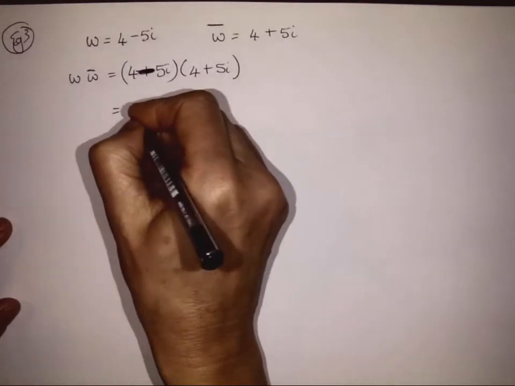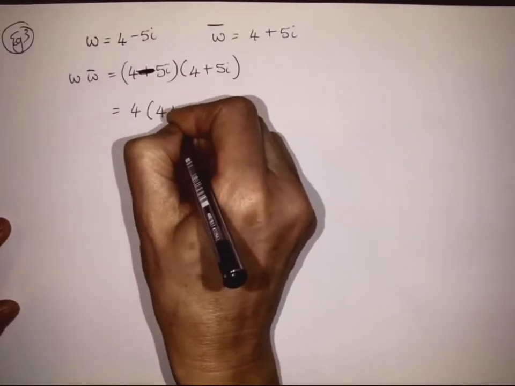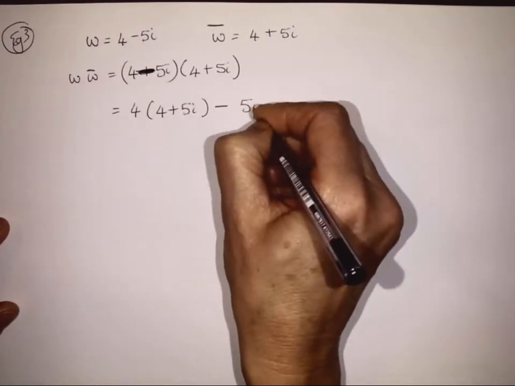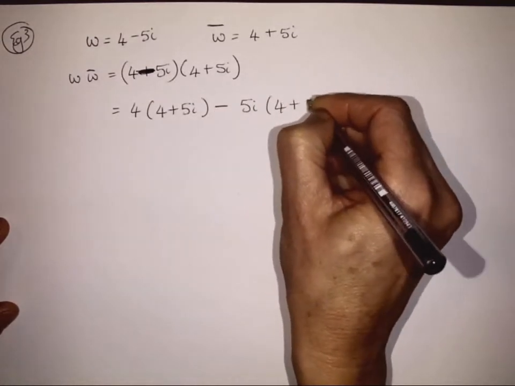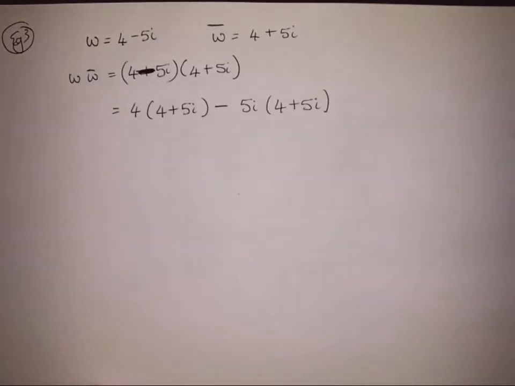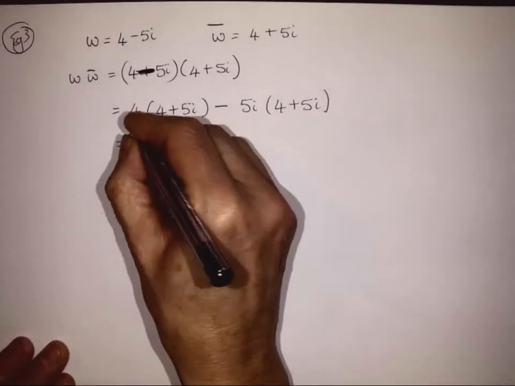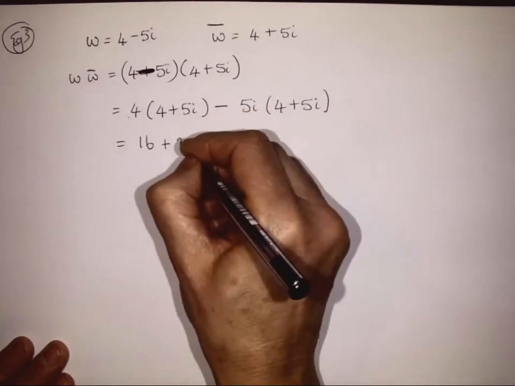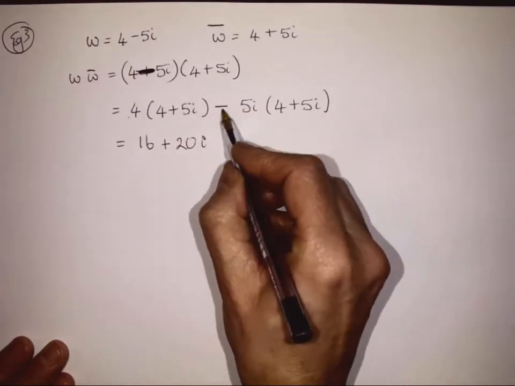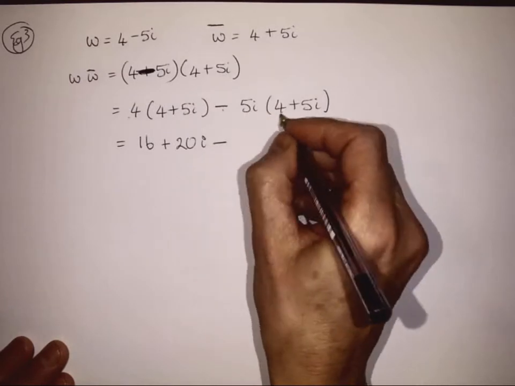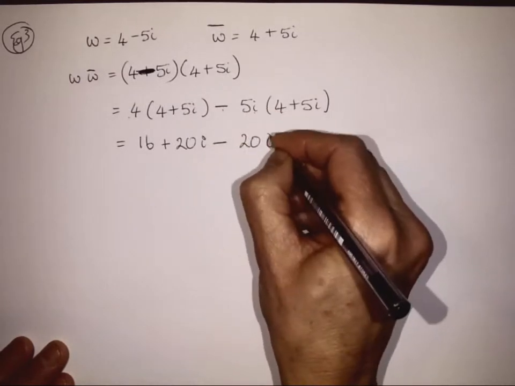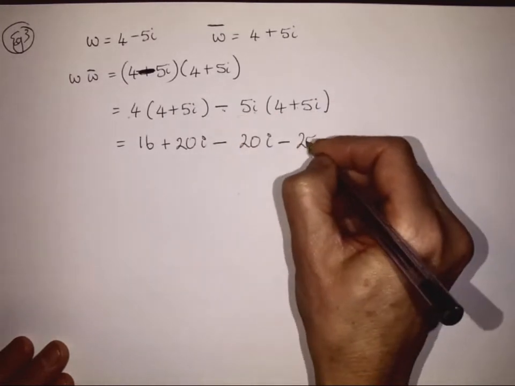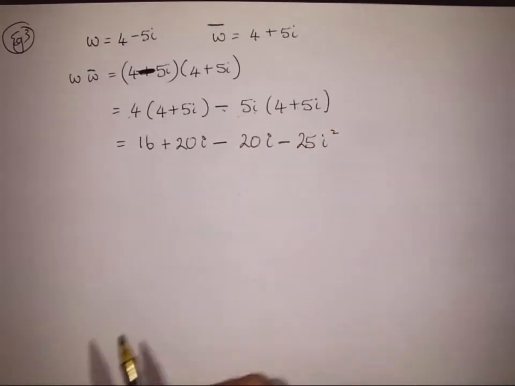So let's split up the brackets. 4 on 4 plus 5i, minus 5i on 4 plus 5i. So multiply them out. 4 4s are 16, plus 4 5s are 20i, and a minus by a plus will give us minus. 5 4s are 20 times i, and then a minus by a plus will be minus. 5 5s are 25i squared.